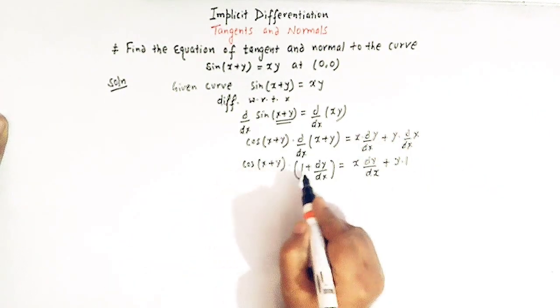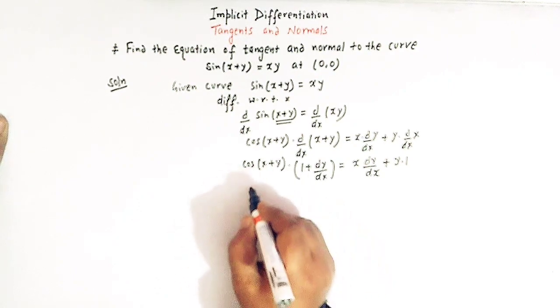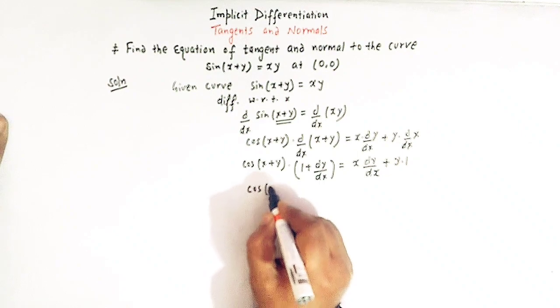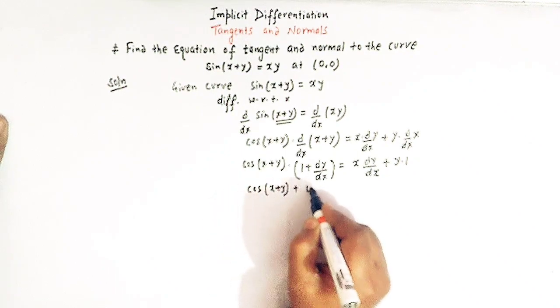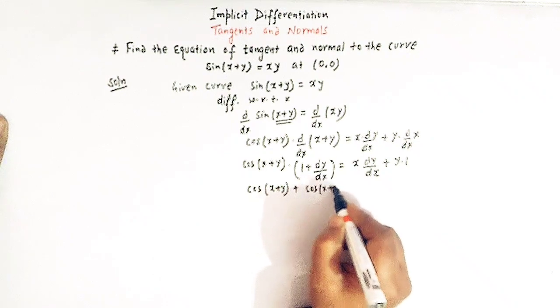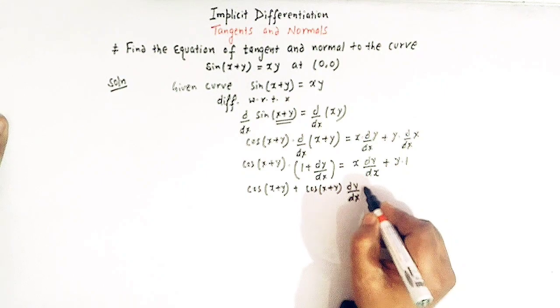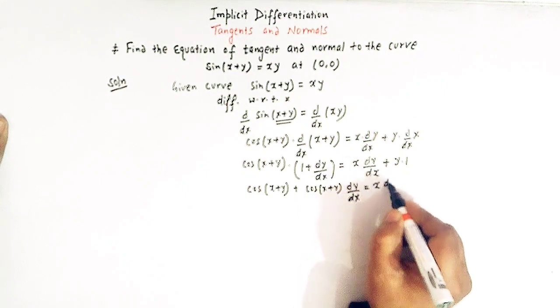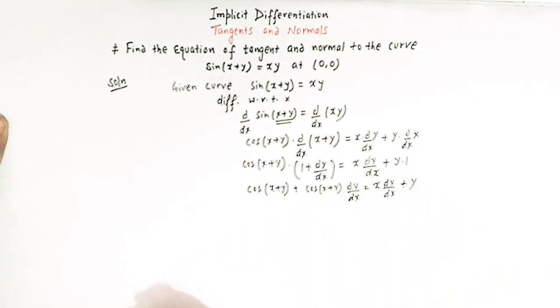Now let us multiply these two quantities with cos(x + y). So we have cos(x + y) plus cos(x + y) dy over dx, and here we have x dy over dx + y, right?